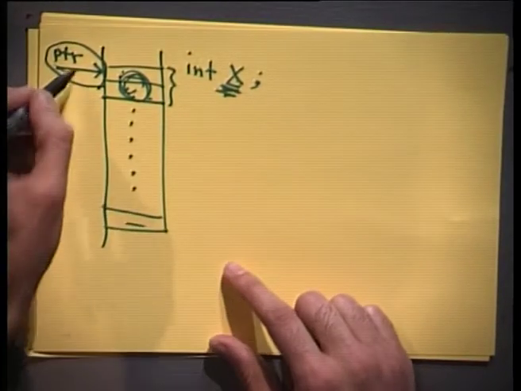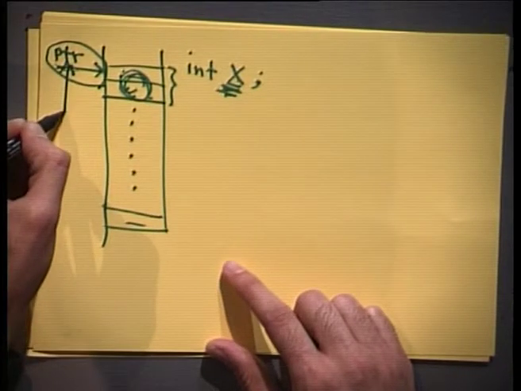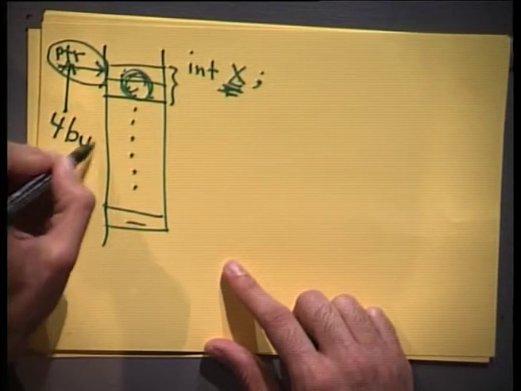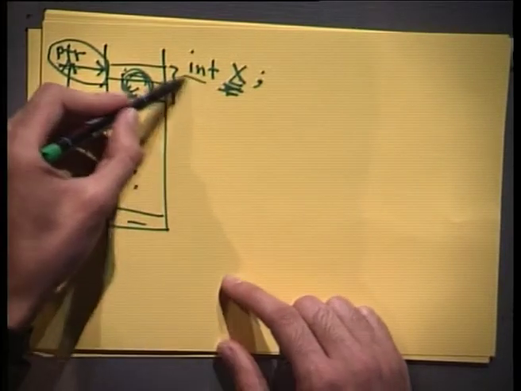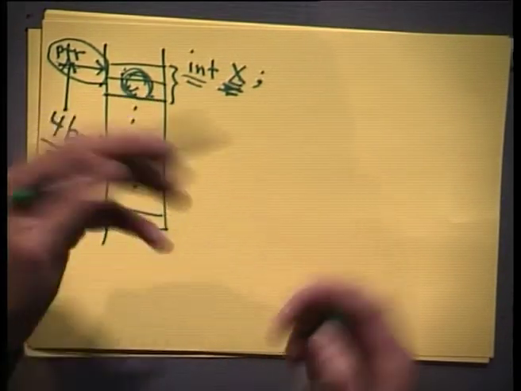So the variable here is always 4 bytes long. Whether I'm talking about an integer, a character, a double, whatever variable I define, I always point to it using 4 bytes, and that has to do with the size of the memory or the address space of the microprocessor system I'm talking about.